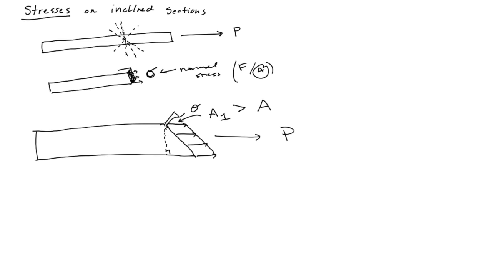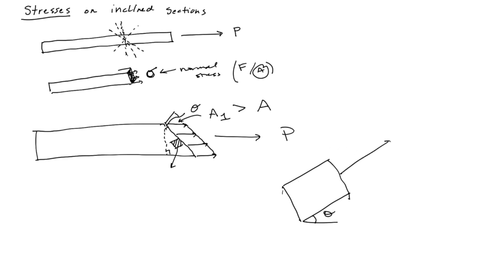Okay, so let's take a look now at a little element. If we cut a little element out here, okay, and zoom in on it, we end up with an element that looks something like this. It's got an angle theta.